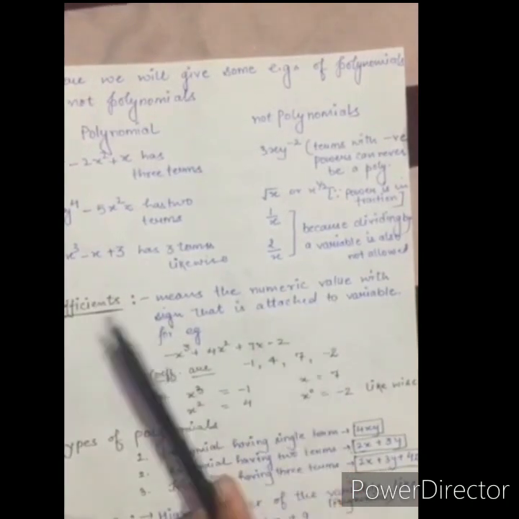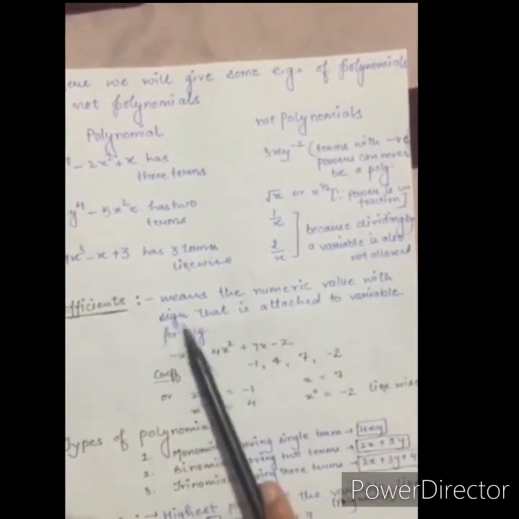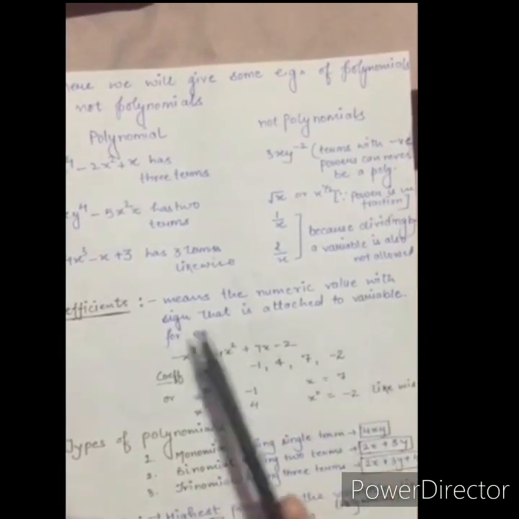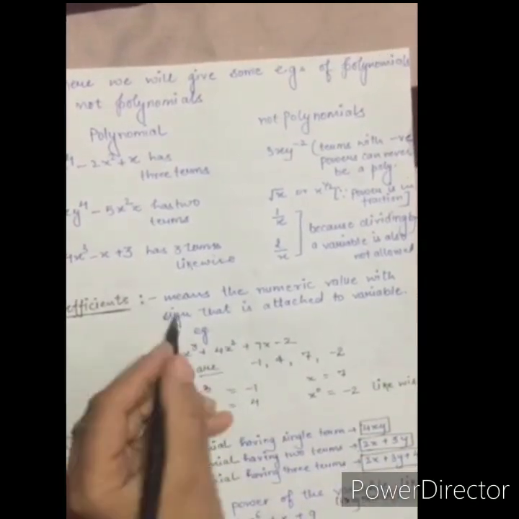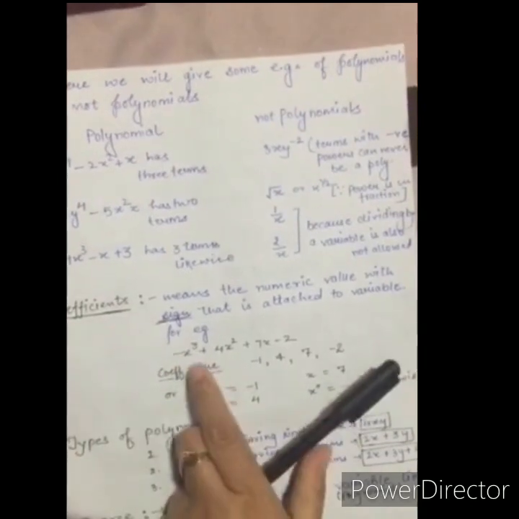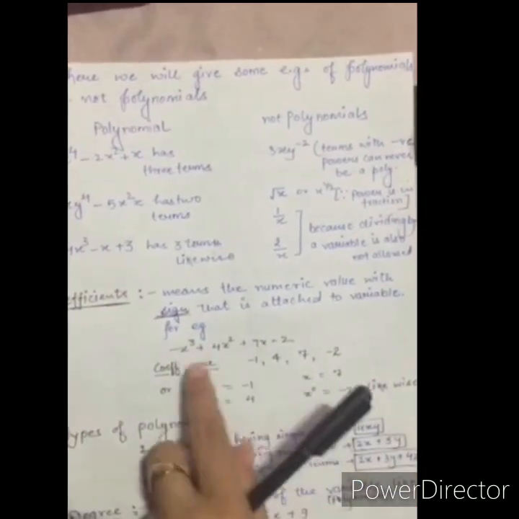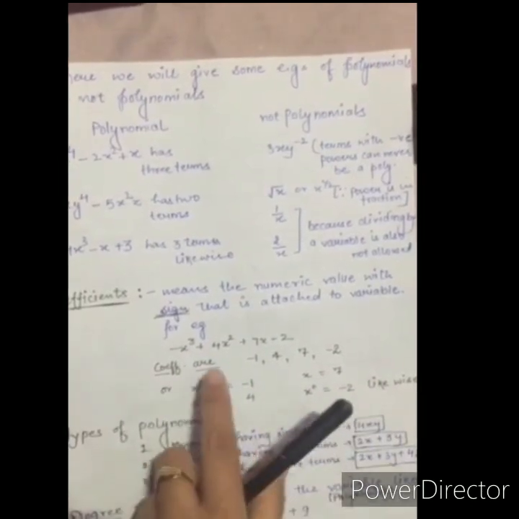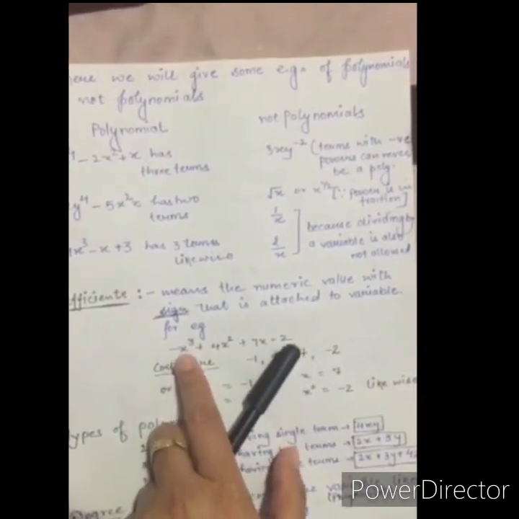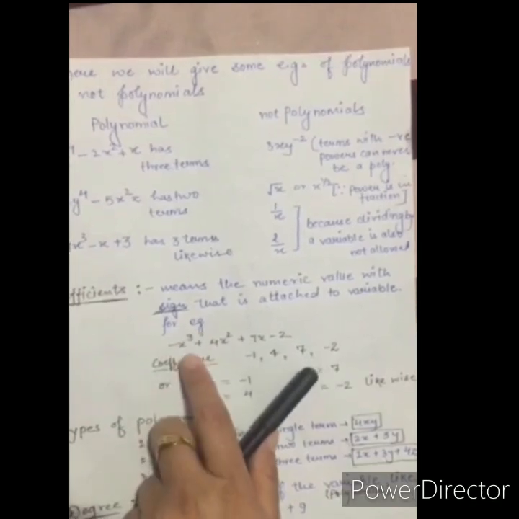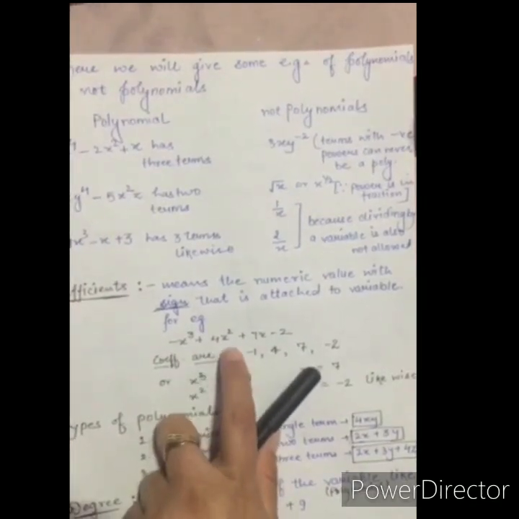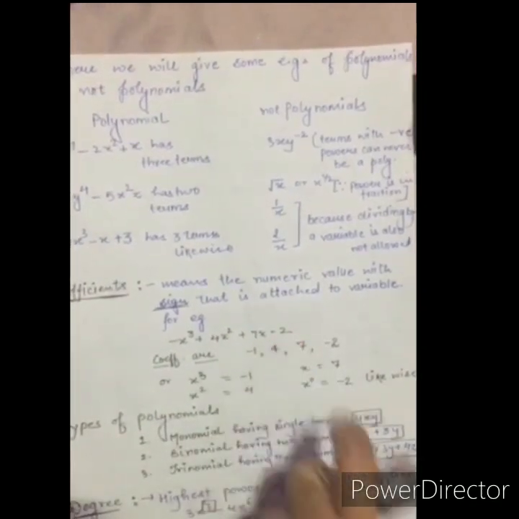These are coefficients. Coefficients mean the numeric values with sign that are attached to a variable. Let us understand this with the help of this example: -x³ + 4x² + 7x - 2.